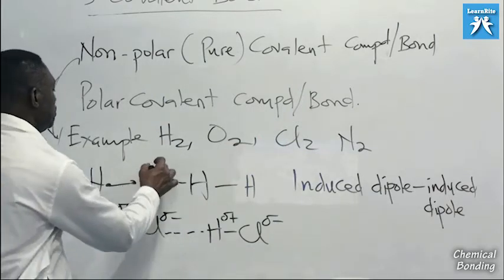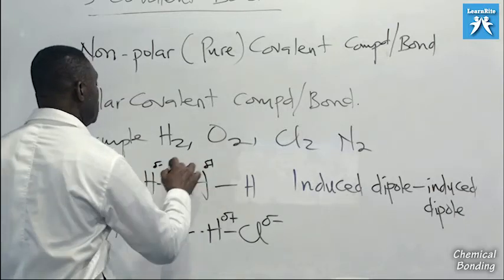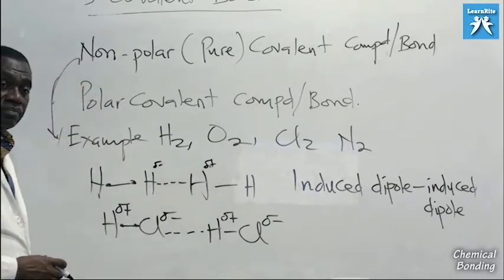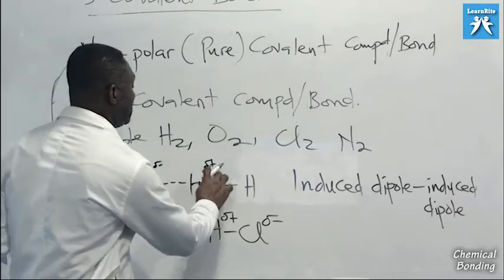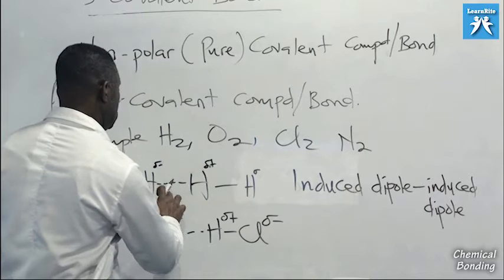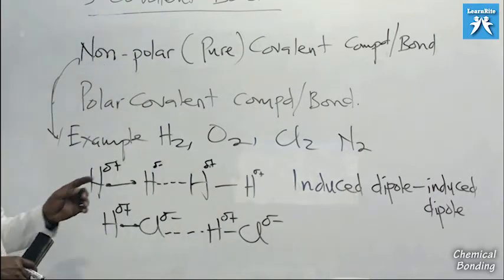Of course, here too, we should indicate the negative, and then this will be positive, so that they can attract. Okay, partial, very small ones.